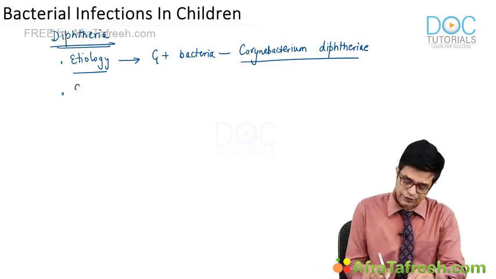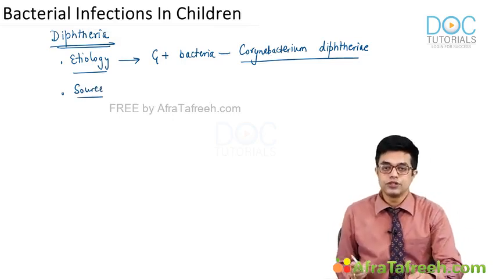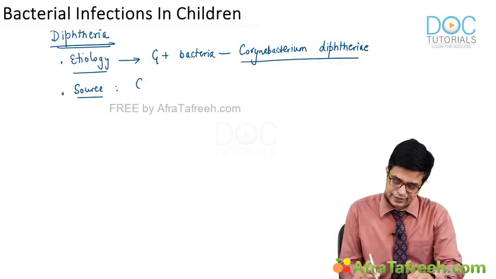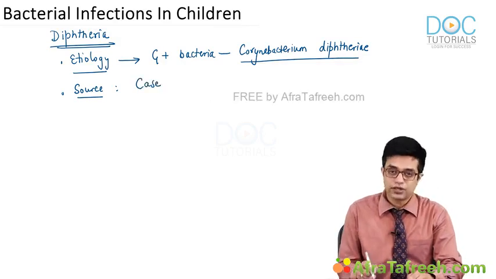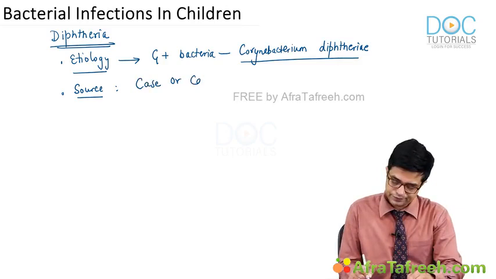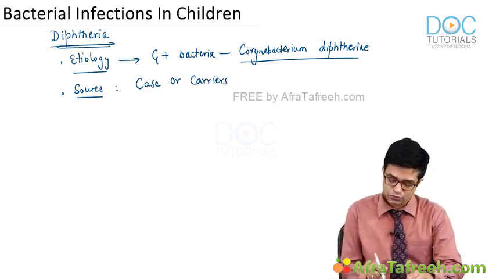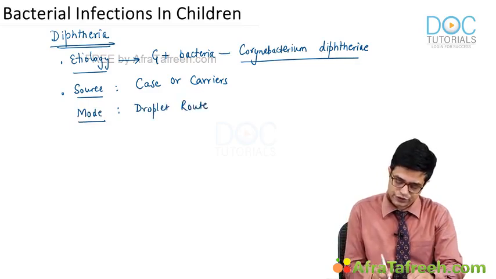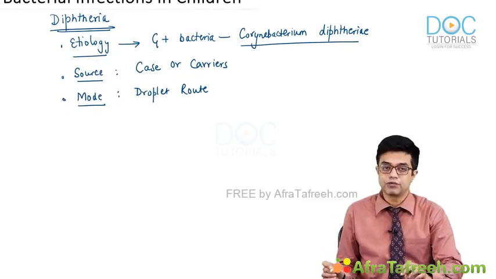What is the source of infection? The source of infection in diphtheria is either a case or a carrier. Carriers in diphtheria do tend to exist, and the most common mode of infection is through the droplet route. So, the droplet route is the common source of infection through which diphtheria can spread.